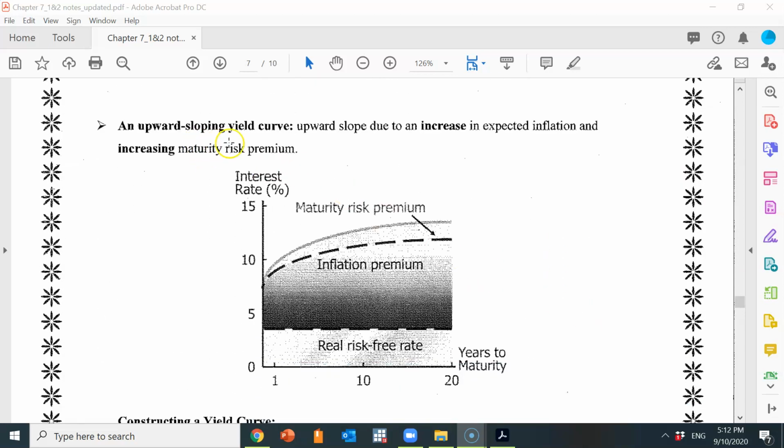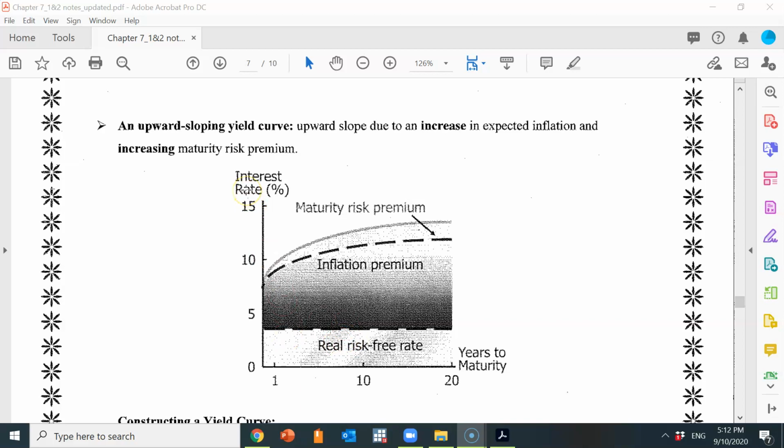So an upward sloping curve is a typical yield curve. In good economies, we have an increase in IP and an increase in MRP when T increases. For longer term bonds, usually we have higher MRP, we also have higher IP, while the R-star risk-free rate is not changed.